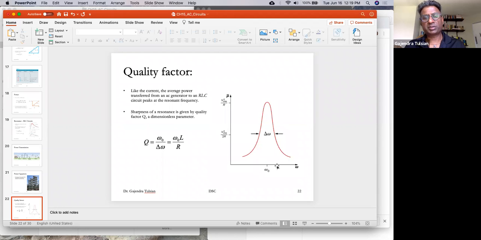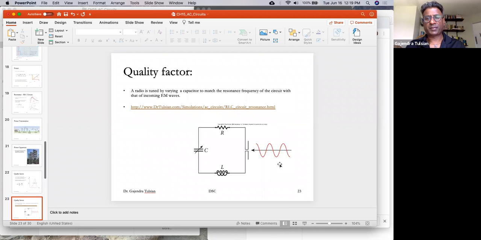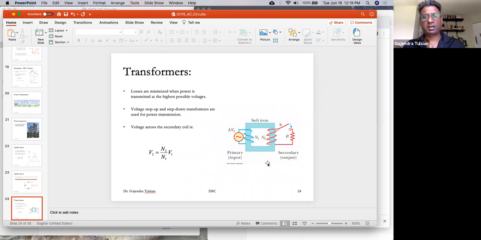It shows you the sharpness of the power peak with respect to frequency. The greater the quality factor of this tuning circuit, the less the disturbance from nearby frequencies. That's a transformer. If N2 is greater than N1, then that's a step-up transformer, and if N2 is less than N1, then it's a step-down transformer.